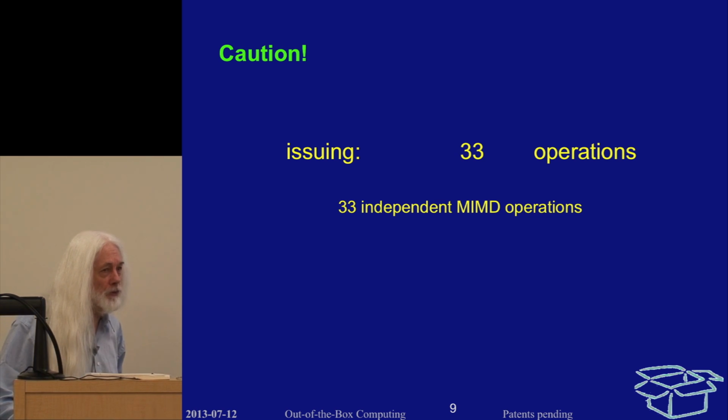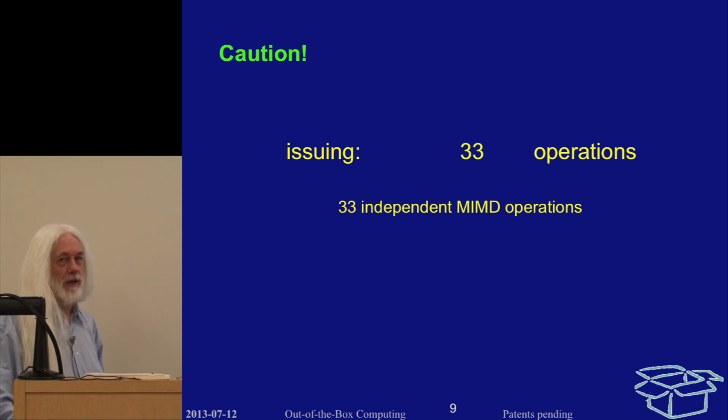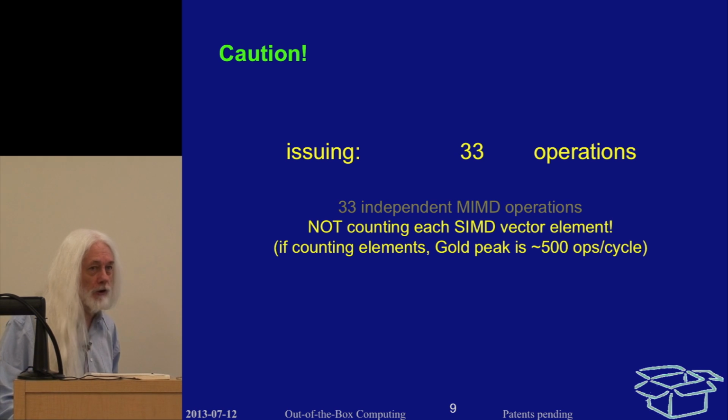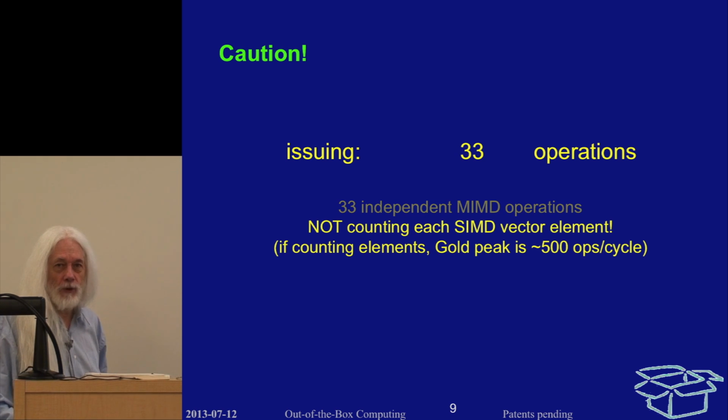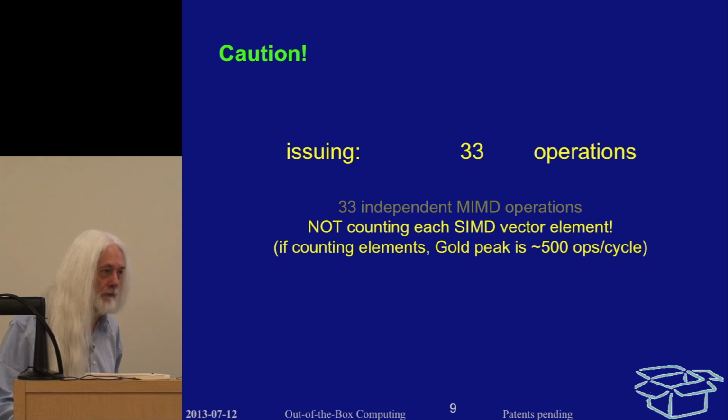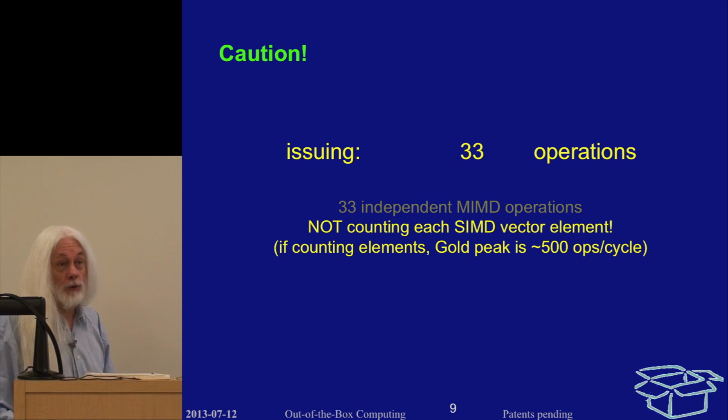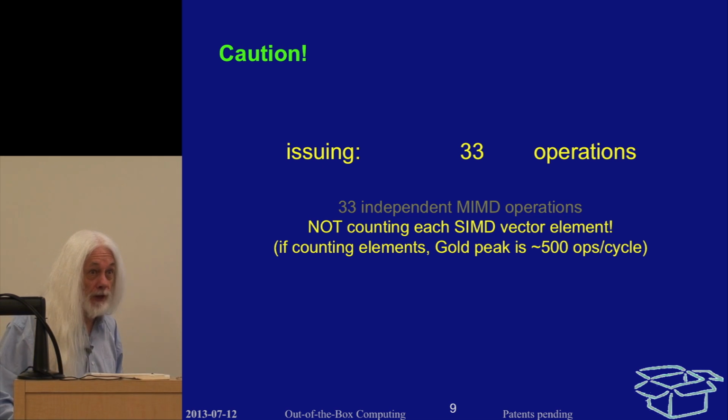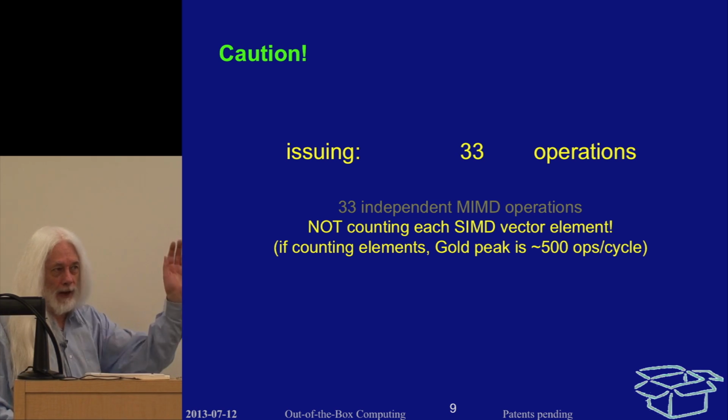Now, these are 33 independent MIMD instructions. We are not talking SIMD. We're not talking vector operations where every operation in the vector counts as a separate one. If you count it like that, that goal is doing 500 operations per cycle peak. But these are MIMD, completely independent, branches, adds, what have you.